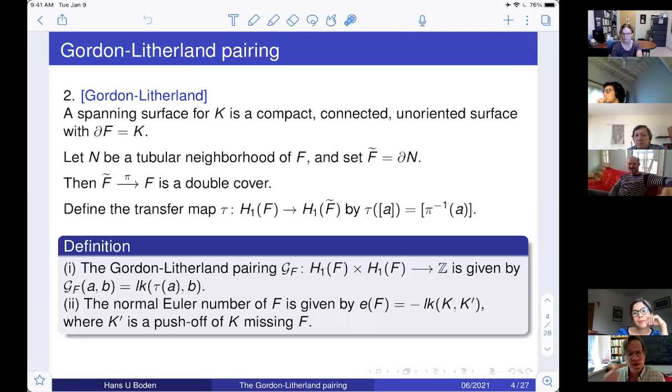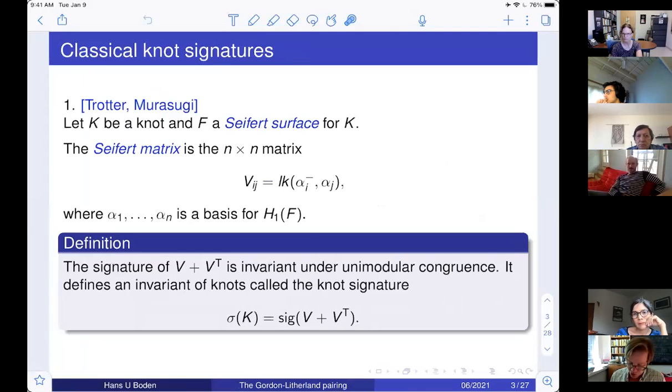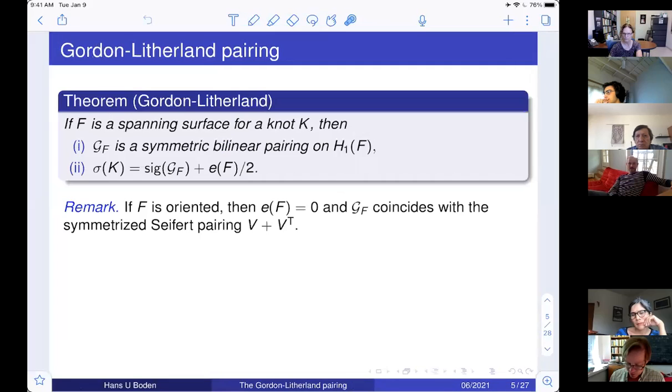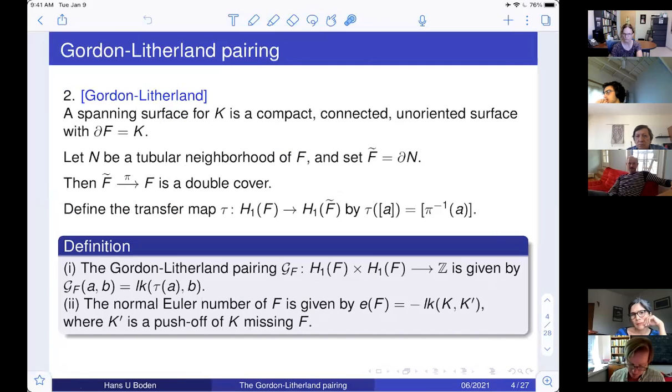So the pairing is defined, so in the previous case, we could push curves in the negative direction and define a linking pairing that way. But with an unoriented spanning surface, that's not possible. What you can do is you can push in both directions, which is the same thing as taking the transfer map, which is a map from H1 of F to H1 of the oriented double cover.